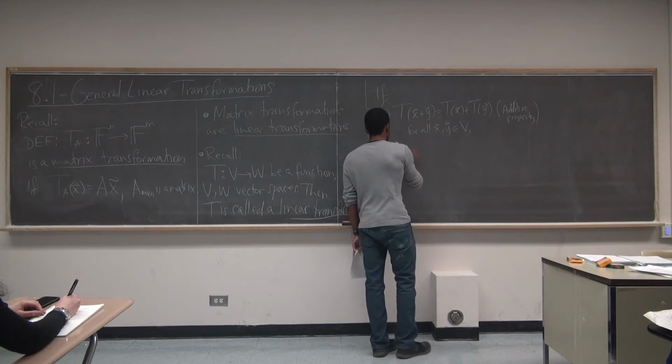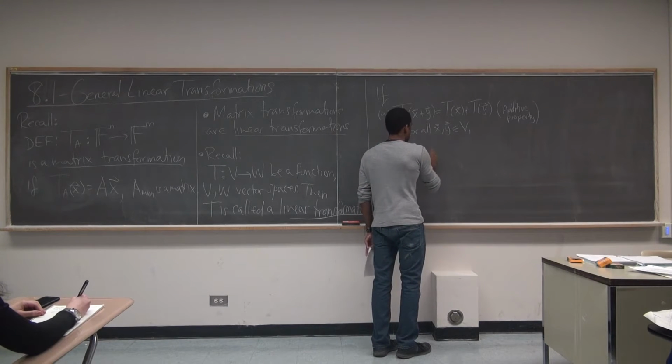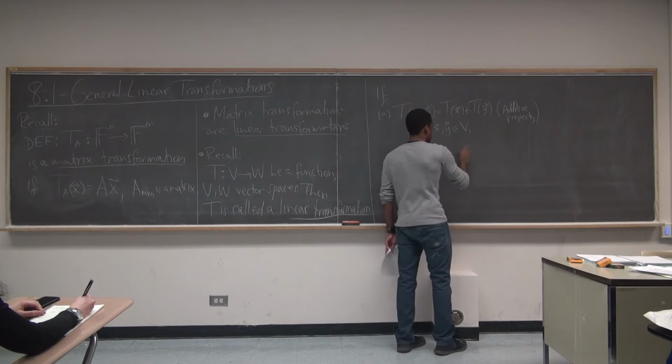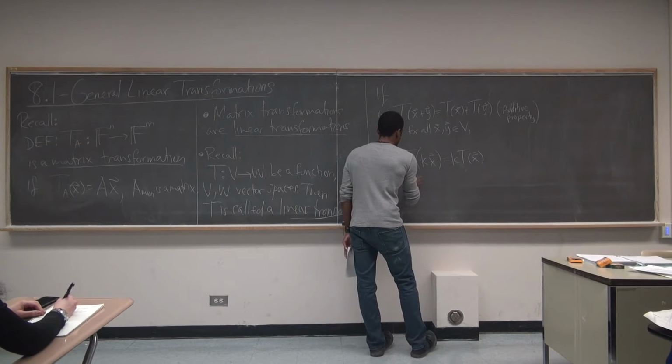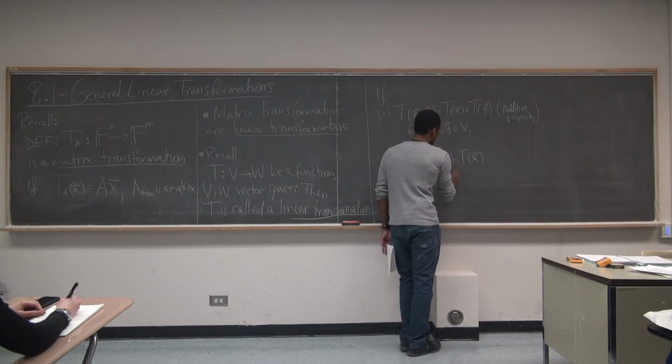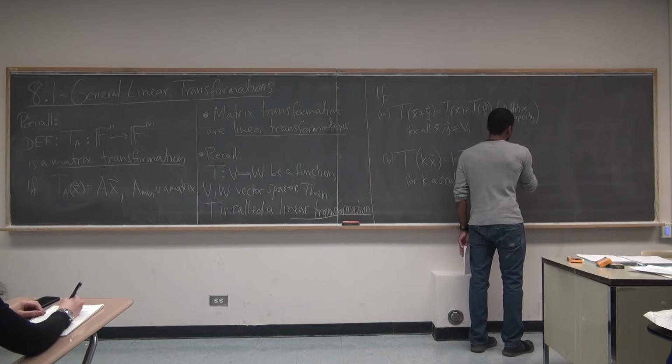And (b) T of kx equals k times T of x, where k is a scalar. They call this the homogeneity property.